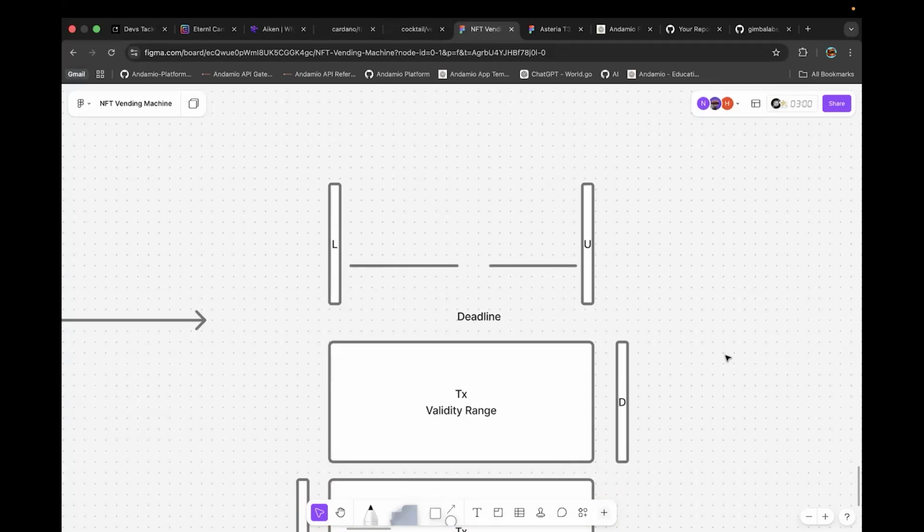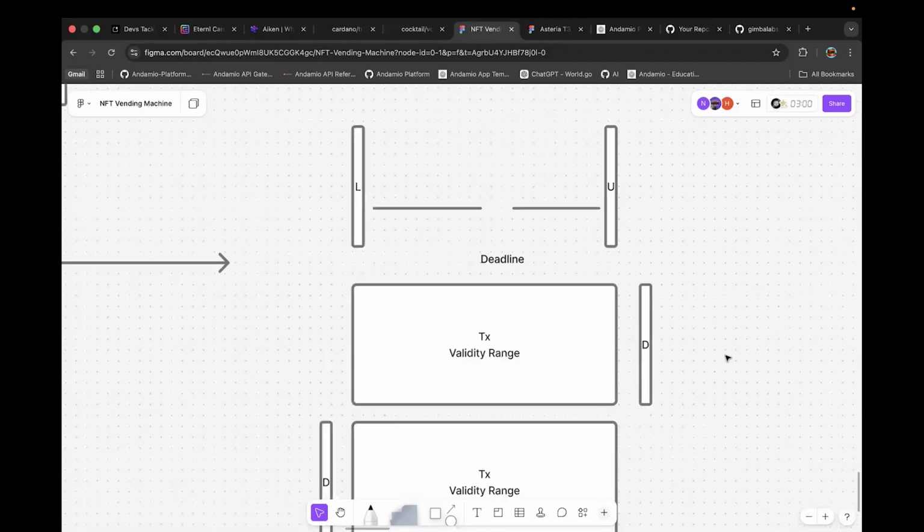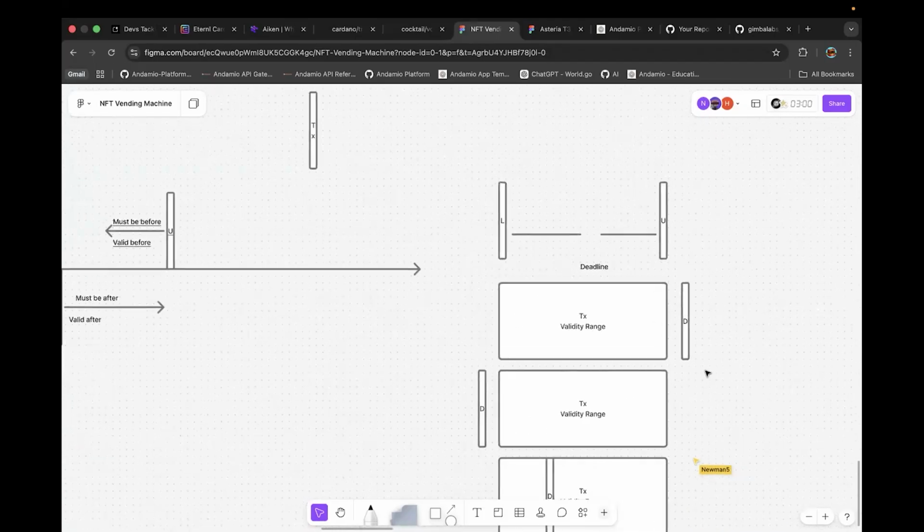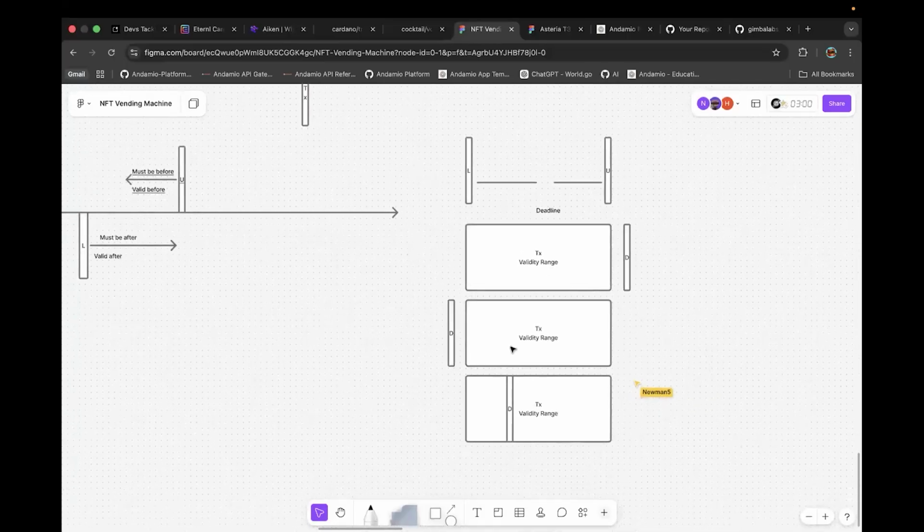So those are the three use cases. If you scroll down a little bit on our screen, yeah. So those are the three use cases.